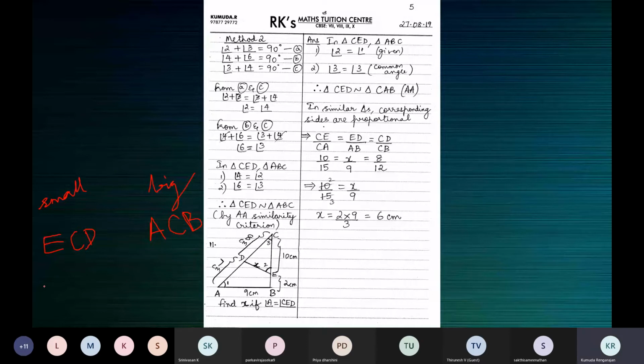Now Muthuvel, these two triangles are similar. Tell us, if I write CDE is similar to what?